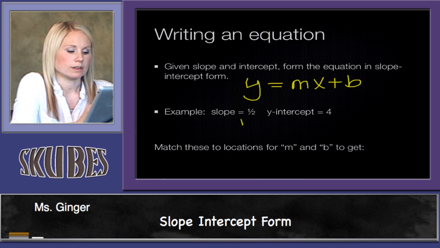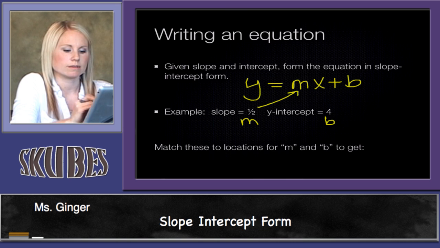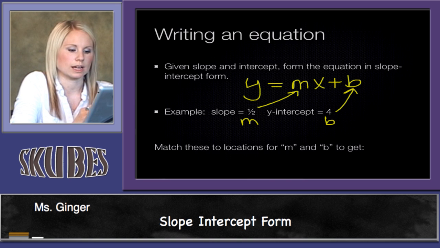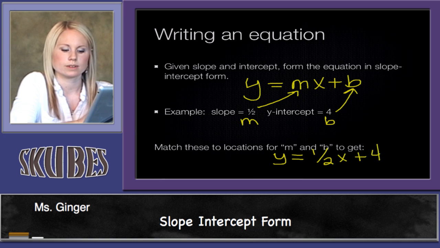What we're going to do is, we know that this one's m and this one's b. We're simply just going to slide these values into these spots and leave the y and the x alone. So this will look like y equals 1/2 x plus 4. Easy as that.